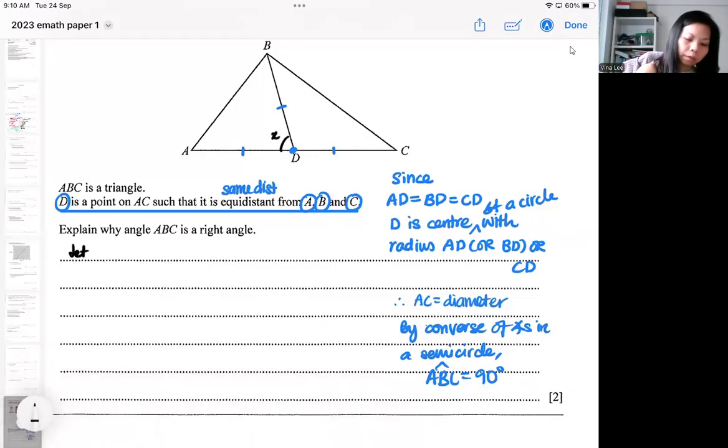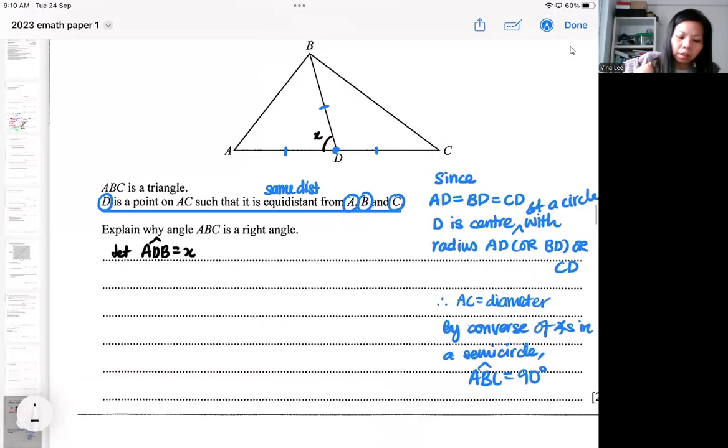I will start off with angle ADB as X. And because we have all the same lengths, we have isosceles triangles, so we will make use of the isosceles triangle in ADB.